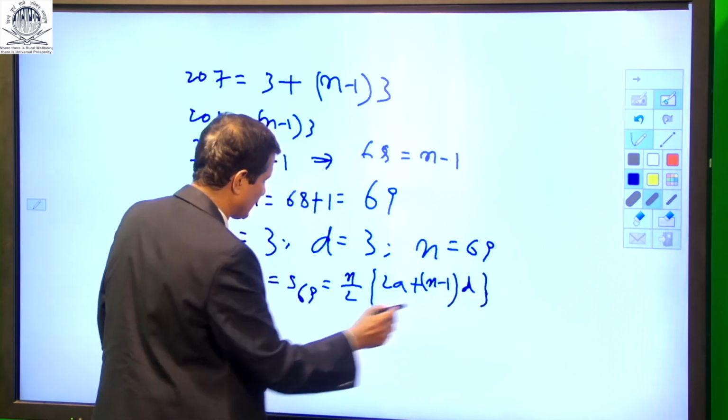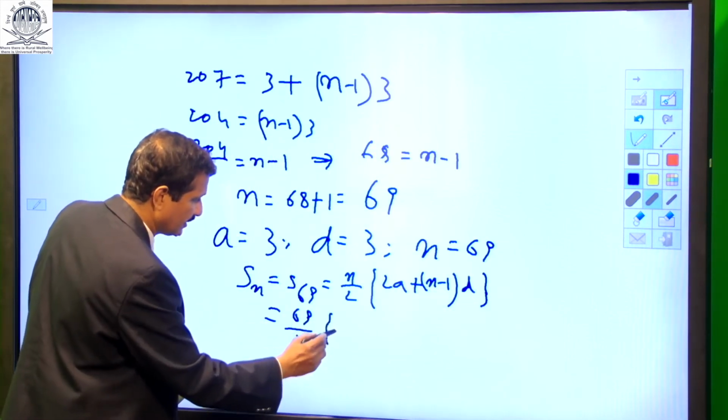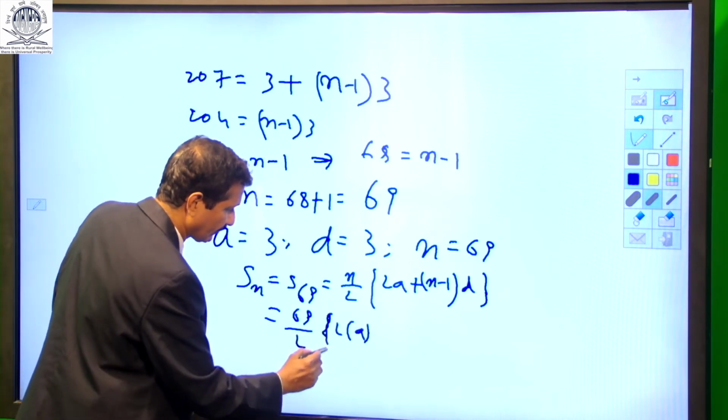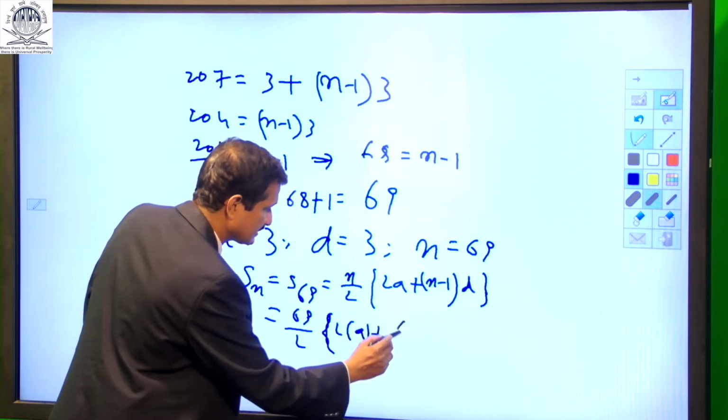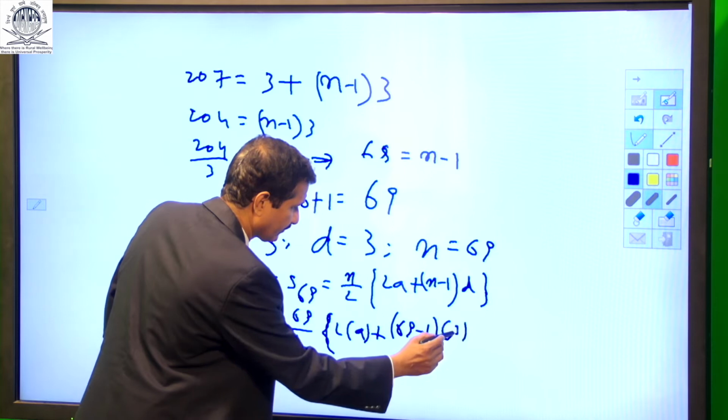I will substitute these values over here. It is 69 by 2 into 2 into a plus 69 minus 1 into 3.